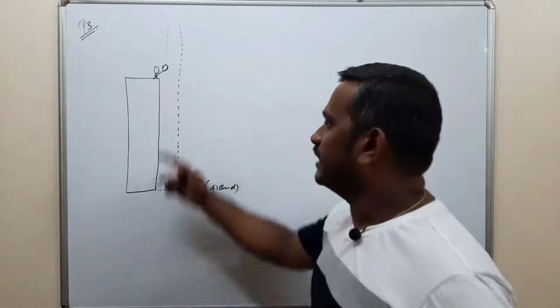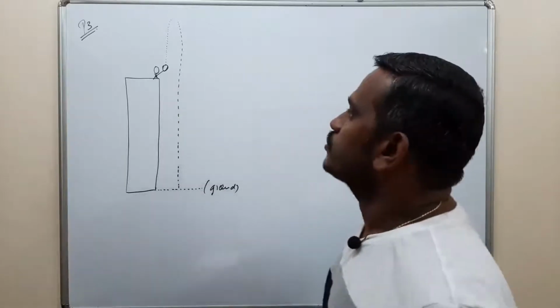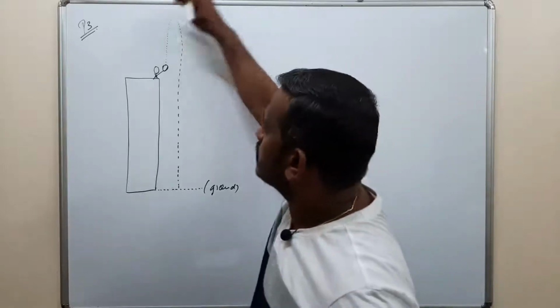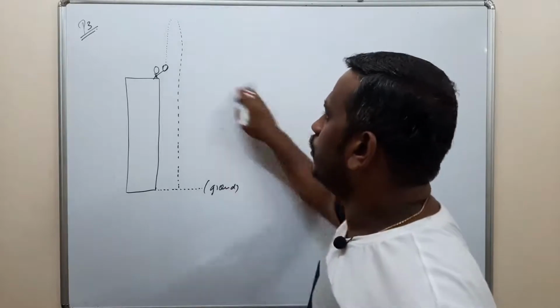A boy standing at the top of the tower projects a ball vertically upwards. The trajectory of the ball is given in the figure, the path followed by the ball as shown.